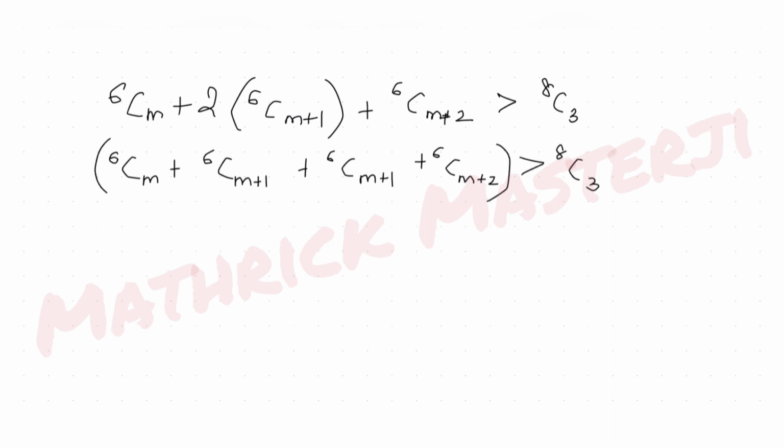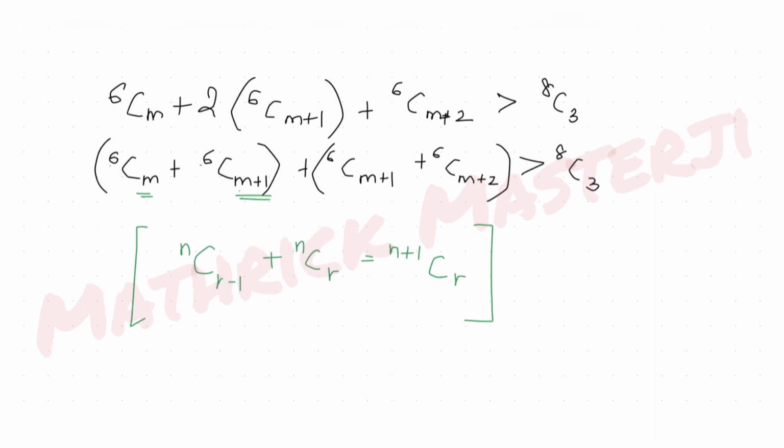So I will split this into two parts. Now I can use the idea we have understood for combinations, that says if you have nC(r-1) plus nCr, you get (n+1)Cr. Here I have the same n on both sides; one has r-1 and the other has r, so r in this case is m+1.